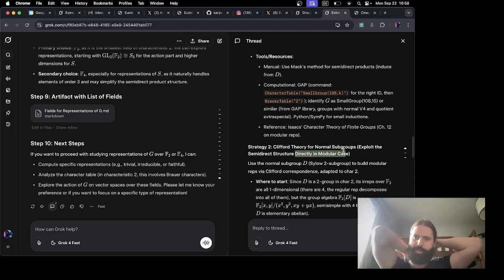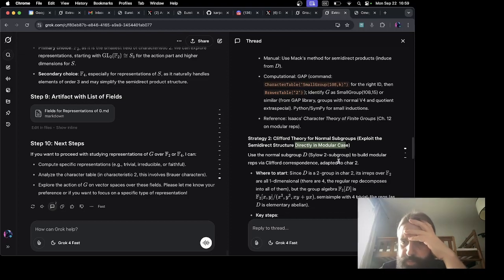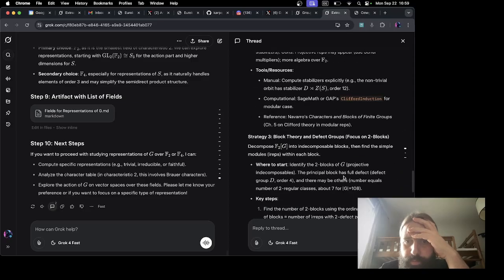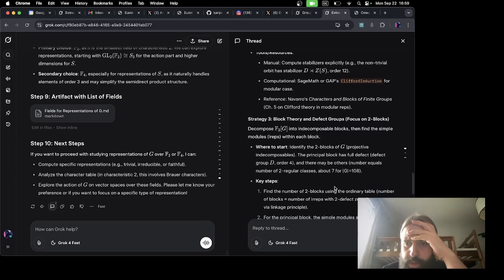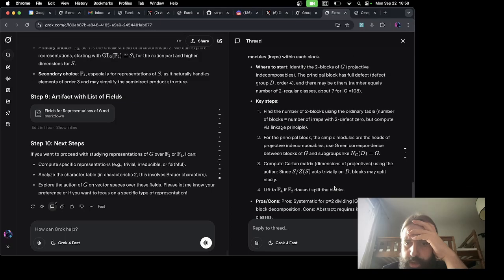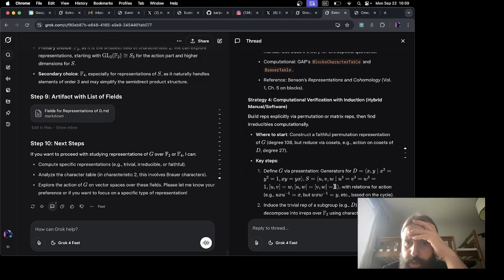Use the normal subgroup D to build modular reps with Clifford correspondence. Block theory and defect groups focus on 2-blocks. Decompose F2G into indecomposable blocks, then find the simple modules within each block. Computational verification with induction.